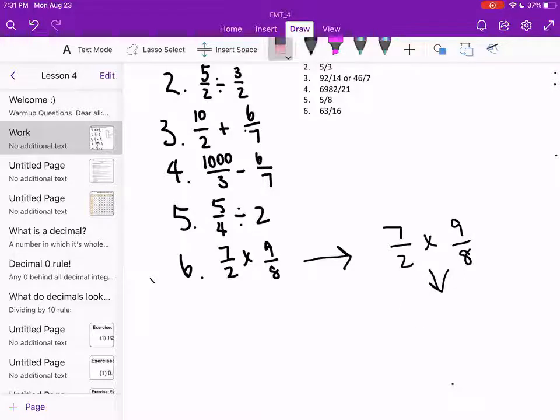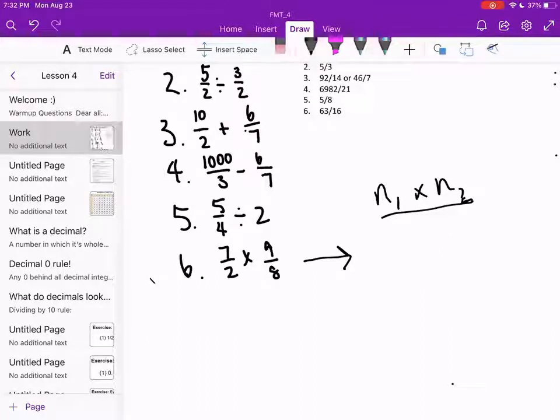So I will multiply the first number's numerator by the second number's numerator over the first number's denominator times the second number's denominator. So if I have 7 over 2 times 9 over 8, what will that look like?